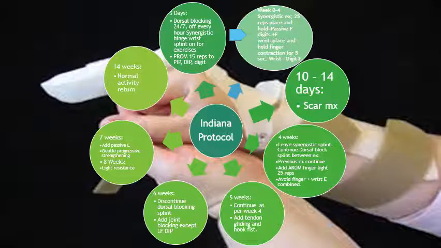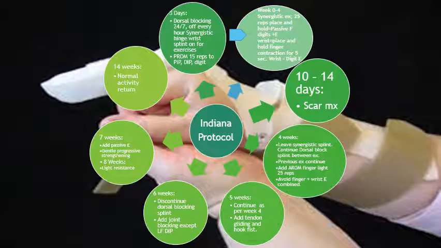From day 3 onwards, passive range of motion should be done 15 reps every exercise session at the PIPJ, DIPJ, and as well as the entire digit. The dorsal blocking orthosis should be worn 24/7, but every hour it is to be removed.